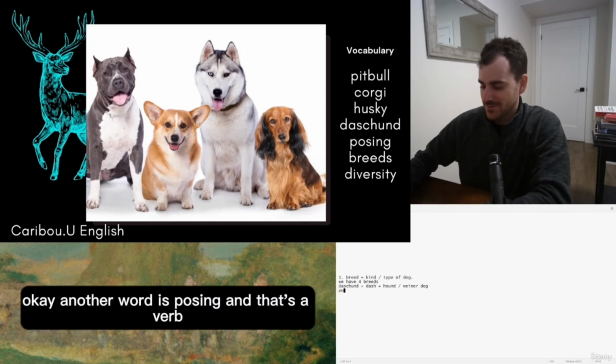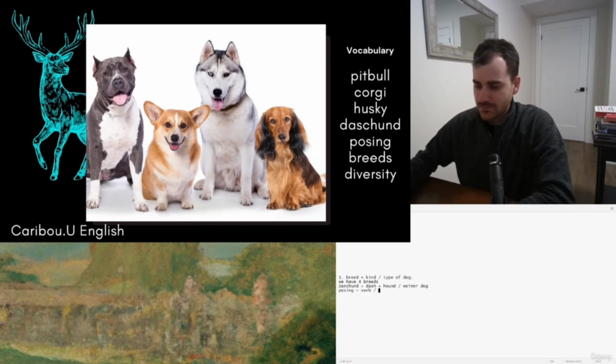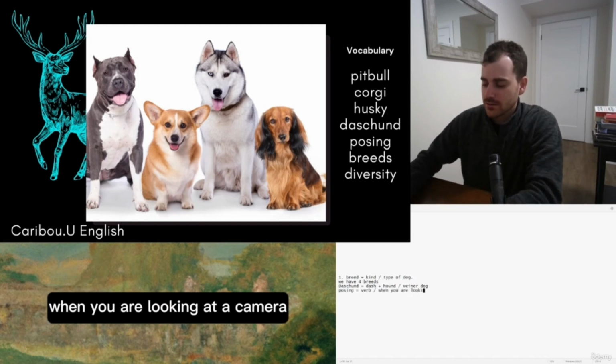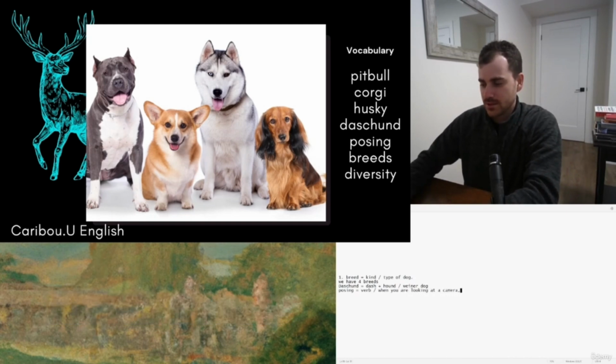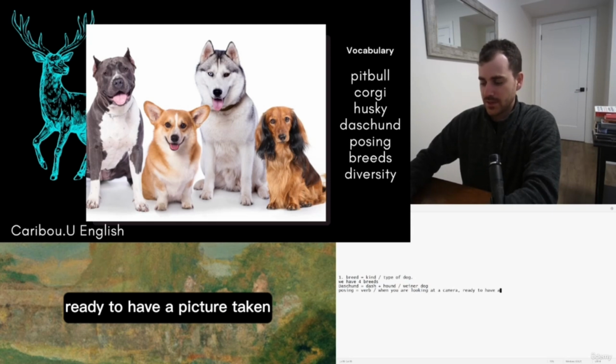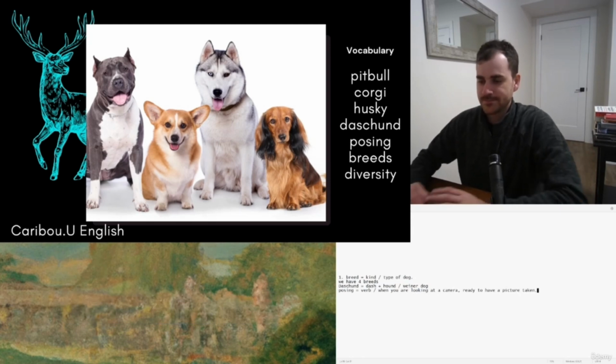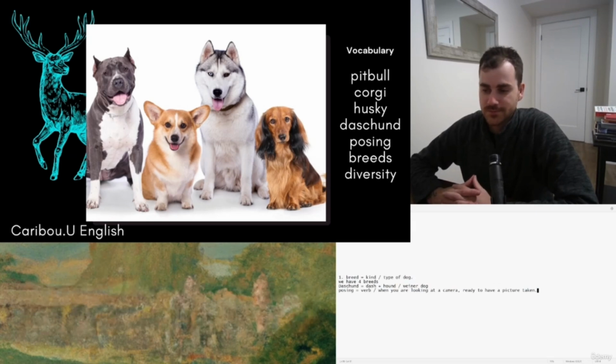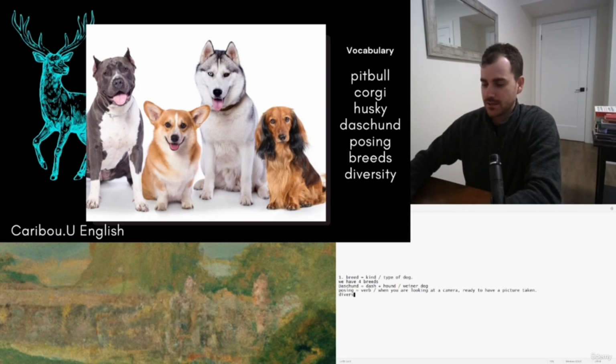Okay, another word is posing, and that's a verb. It means when you are looking at a camera, ready to have a picture taken. So we can say, these dogs are posing for a picture. And diversity.